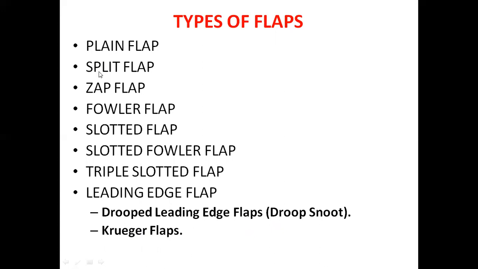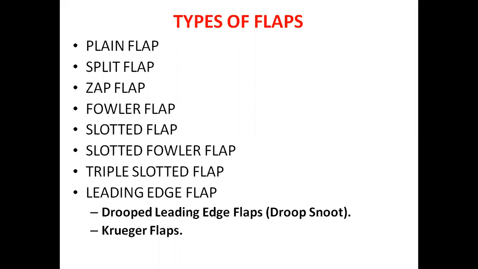Plain, split, jet, collar, slotted collar, triple slotted flap, these are all known as trailing edge flaps. But the droop leading edge flap, also known as droop snoot, and the Kruger flap, these are known as leading edge flaps.